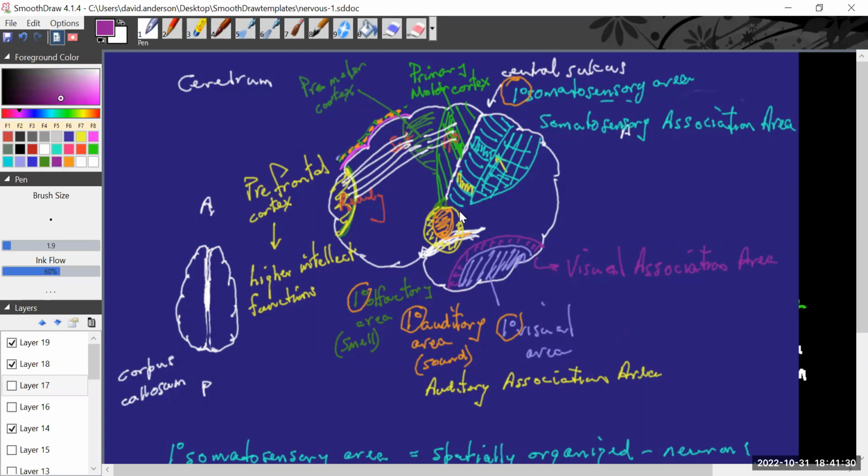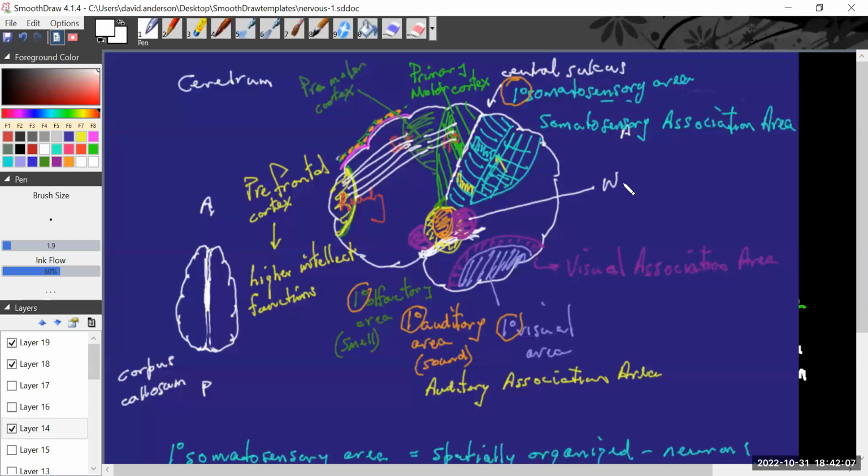So we have an area right behind the primary auditory area, and another area that's right in front of it. You want to be consistent here and consider that if it's in front, it's in the motor area, and if it's behind, it's in the sensory area, and this will stay consistent for us.